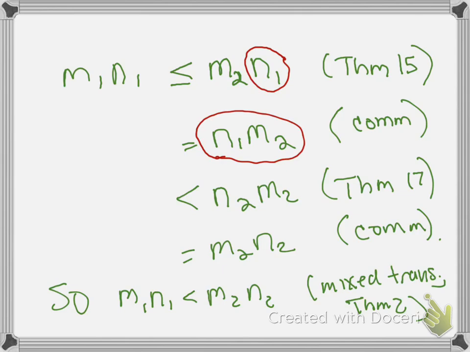Now, the next step is Theorem 17 allows us to say that since n1 is less than n2, n1 times m2 is less than n2 times m2. So here is where we needed to use the fact that m2 was greater than 0.